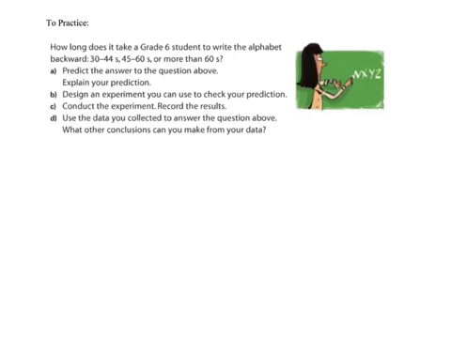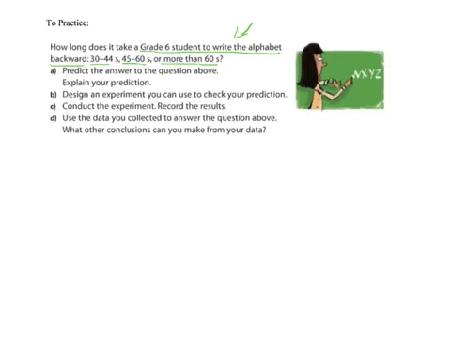Our first experiment for today is going to be a practice one. How long does it take grade 6 students to write the alphabet backwards? Do we think it's about 30 to 44 seconds, 45 to 60 seconds, or more than 60 seconds? So just like we do in science experimental procedure, we start with a question, which we have.